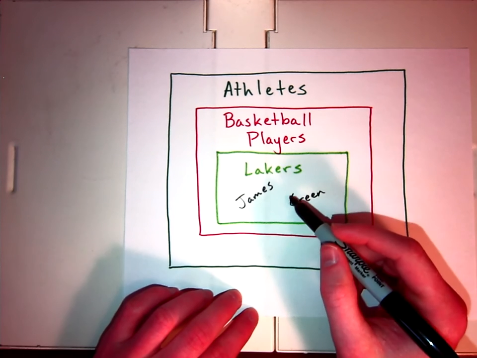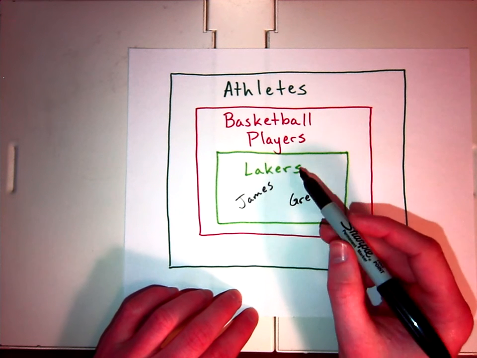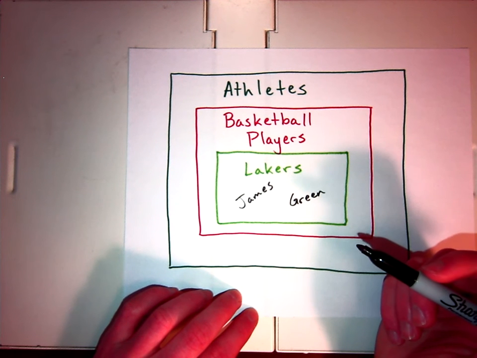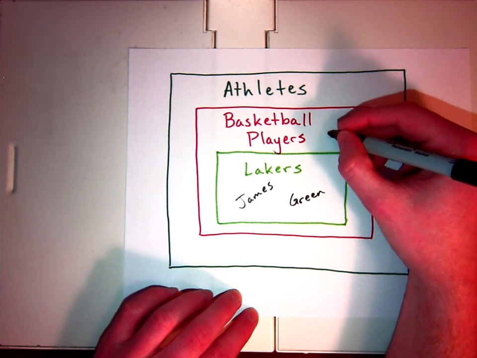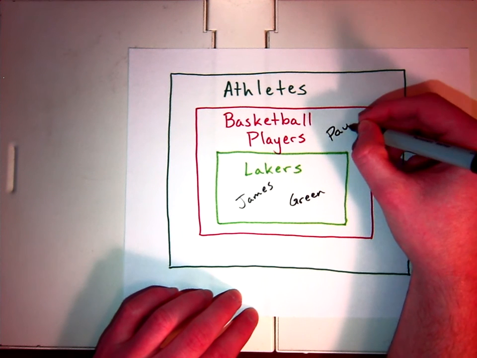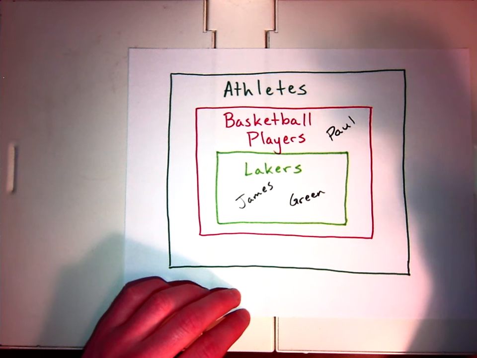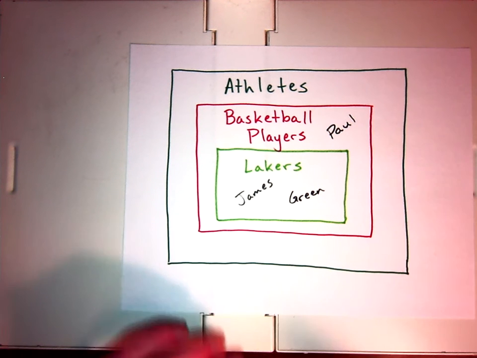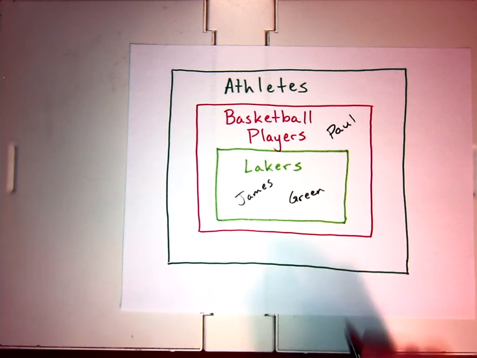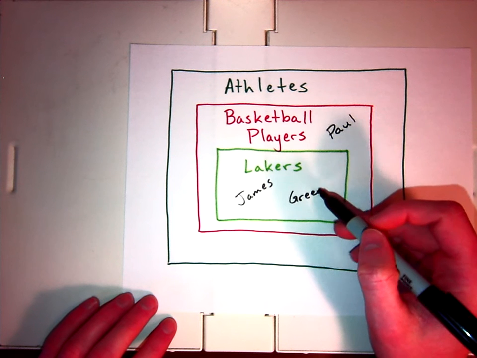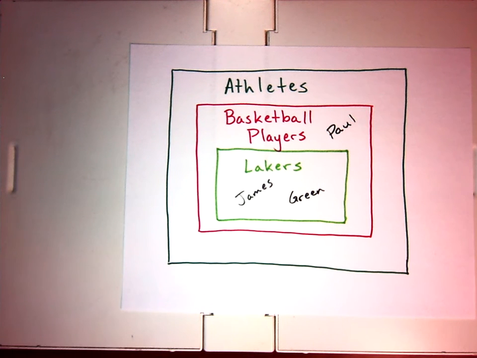Now, Lakers are still basketball players, but there are lots of basketball players who aren't Lakers. We have Chris Paul, we have Porzingis. They're basketball players, but they're not Lakers. So we see how we can have more specific terms. Athletes is really, really broad.